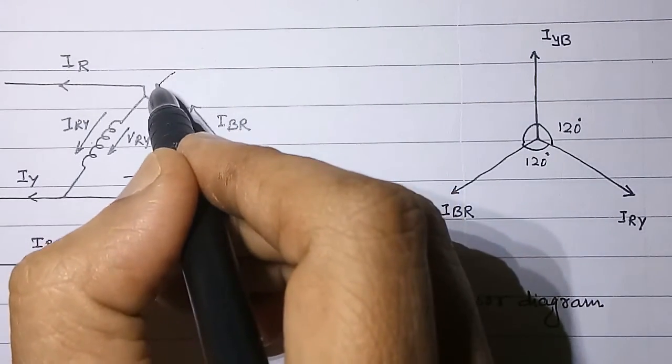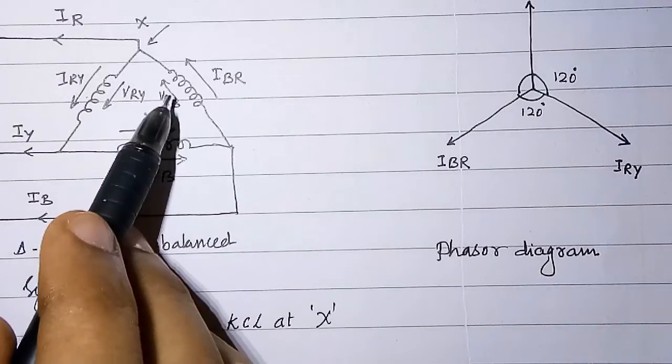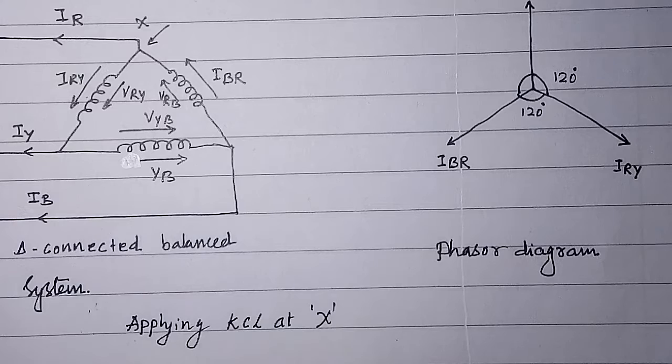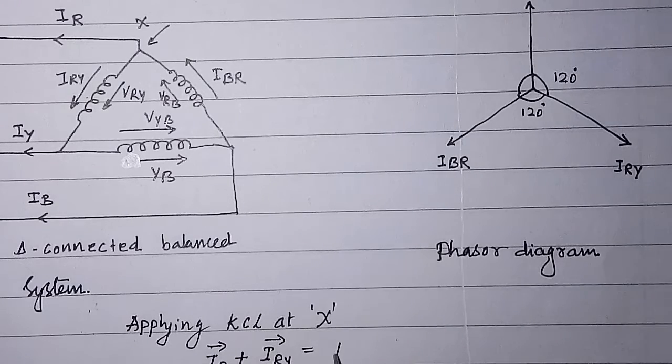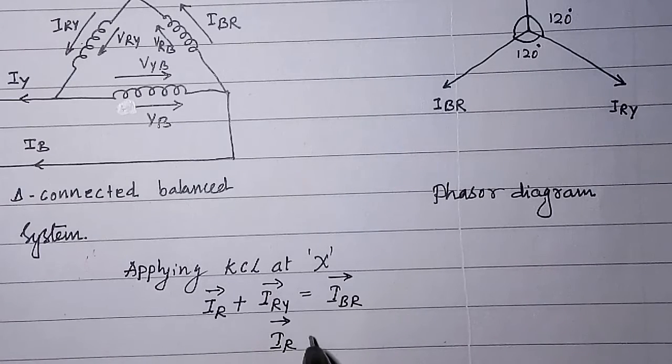In the circuit diagram, if I call this point as X, applying KCL at X, we get sum of outgoing current equal to sum of incoming current, that is phasor sum of IR and IRY will be equal to IBR, or line current IR will be equal to IBR minus IRY.